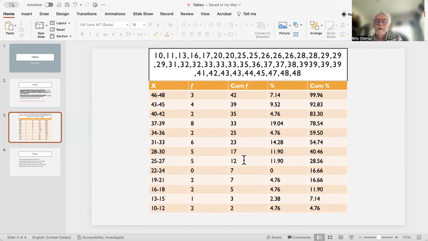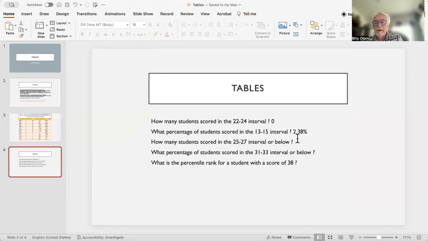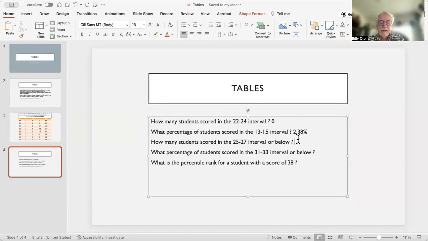The cumulative frequencies. How many people scored here and below? Well, this many, the 12, right? Because I added this up and got 12. So in this interval or below, 12 students scored. I go back here. The answer is 12.